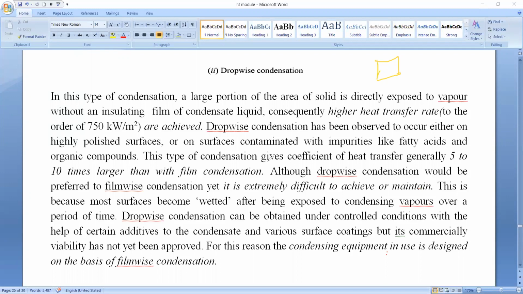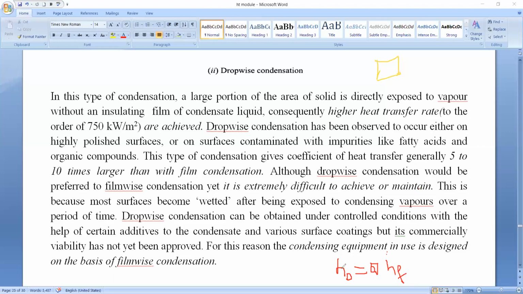So this type of condensation gives a coefficient of heat transfer generally 5 to 10 times larger compared to film-wise condensation. Okay, so please remember, students, the heat transfer coefficient, that is h, in case of dropwise condensation is 5 to 10 times more than that of film-wise condensation.